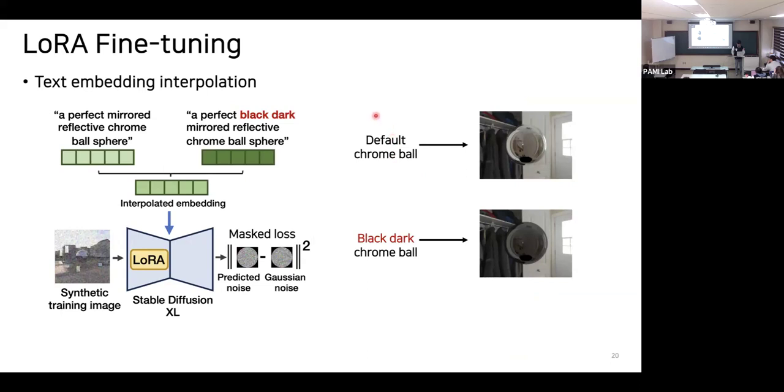And they try to make these chrome balls of different exposures using these embeddings. They simply add this black dark trace to these prompts like this. And they try to let the model generate the default chrome ball using the default prompt and this black dark chrome ball using this black dark embedding.